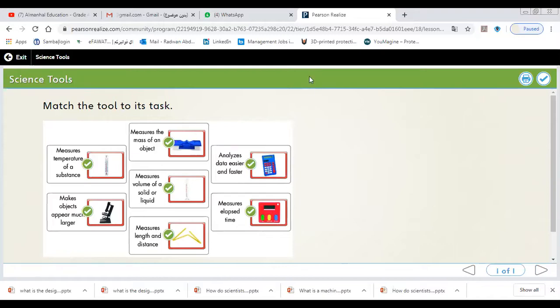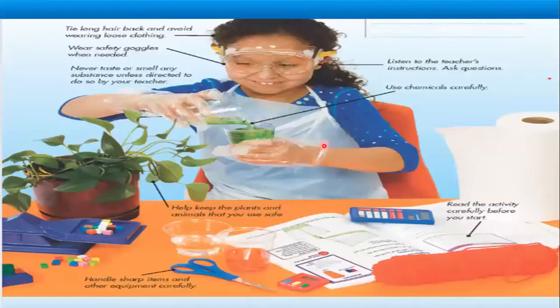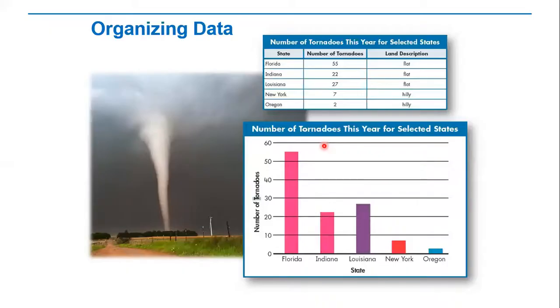Now let's complete our lesson. Organizing data. Scientists organize their data in a table and a bar graph.